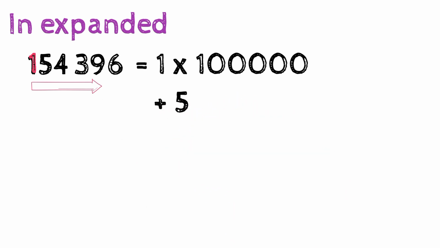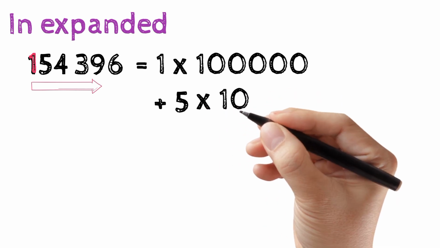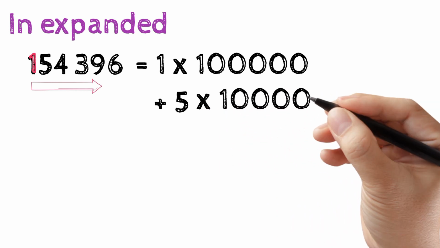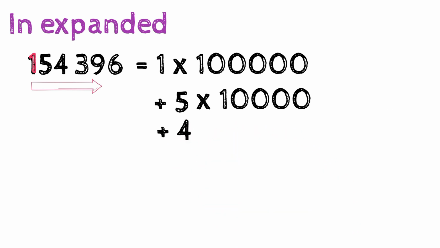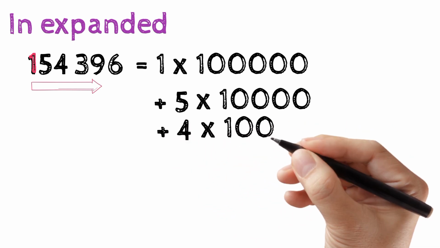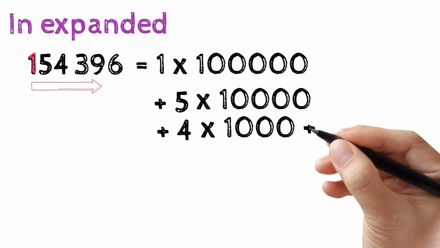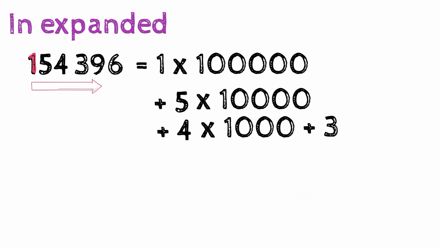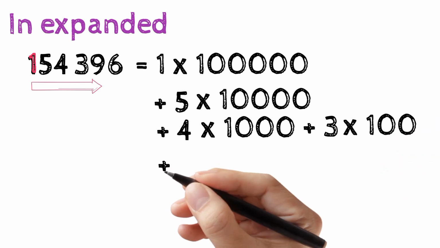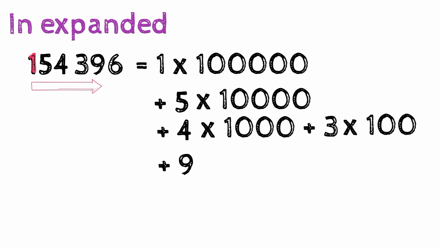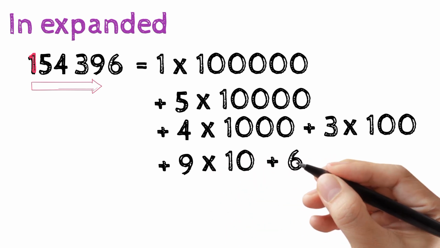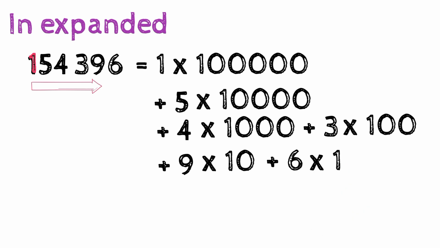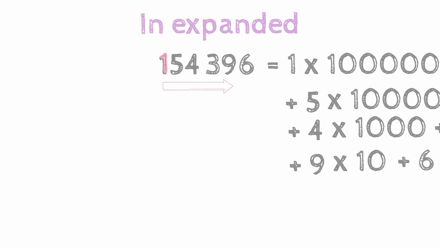So we plus 5 times 10,000 plus 4 times 1,000 plus 3 times 100 plus 9 times 10 plus 6 times 1. So this one we call a number in expanded form.